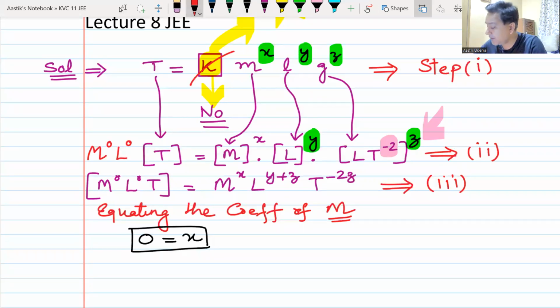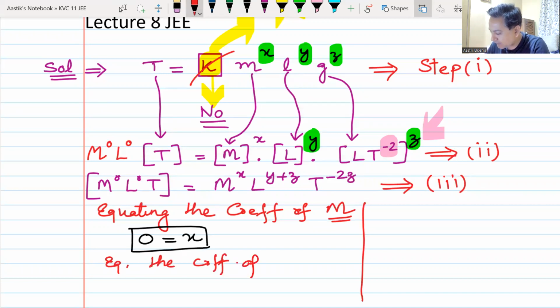What should be my next step? My next step would be equating the coefficient of, let us say, L. Now let us look at the coefficient of L on the left hand side. It is 0. We are lucky that the question is like this. 0 is equal to, what is the coefficient on the right hand side?